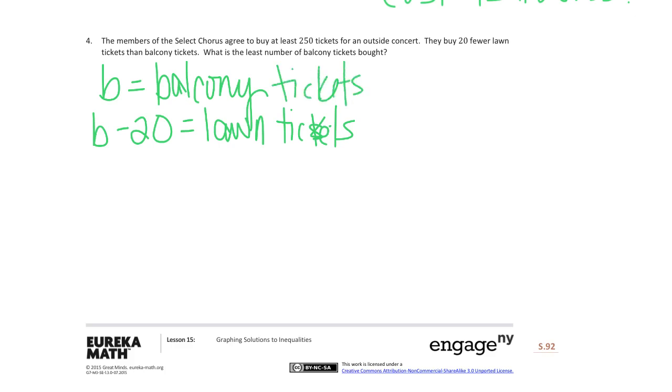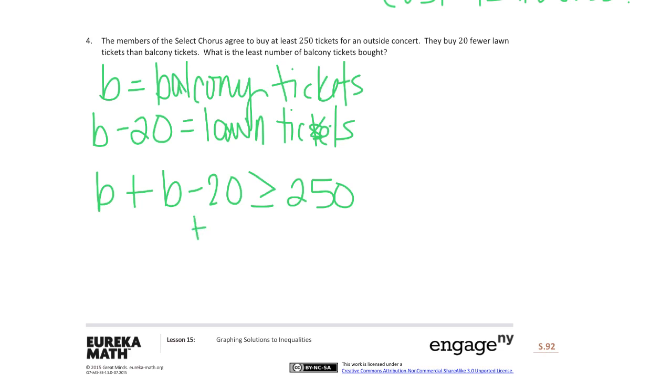So the balcony tickets plus the lawn tickets, and all of that, they want at least 250, so that's greater than or equal to 250.